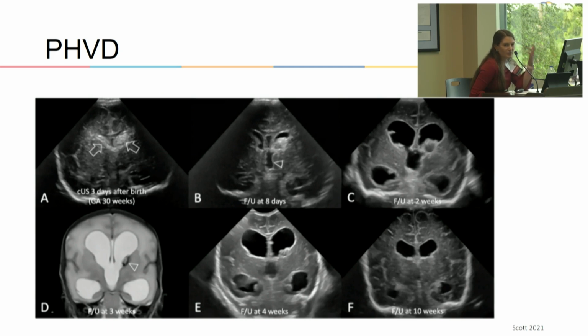When the blood gets broken down and the hemosiderin lines the ventricles, you just can't reabsorb your CSF well enough, and you produce CSF, you turn it over like 5 times a day, I think. So basically the production of CSF outstrips the reabsorption, and so you get dilatation.